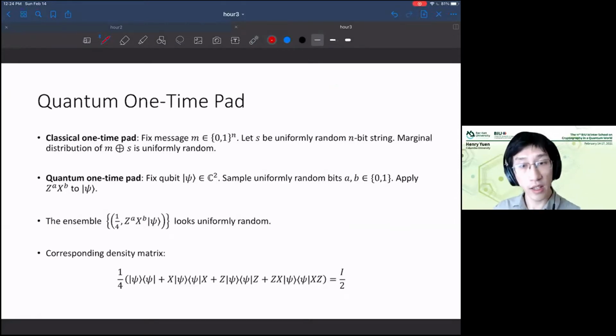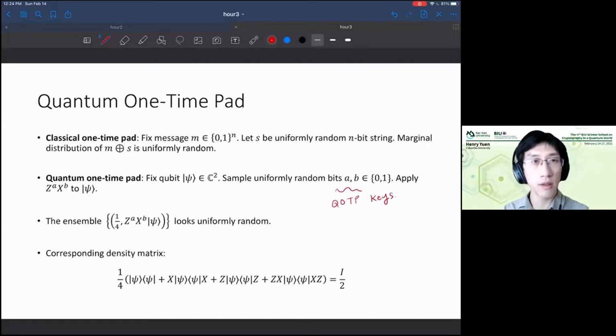As long as you don't know what these bits A and B are. So these are often called the quantum one-time pad keys, then the qubit looks completely random. So if you hand it to someone, they try to measure it, they try to do some computation on it, it might as well just be a 50-50 coin flip.